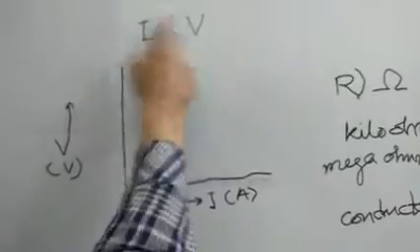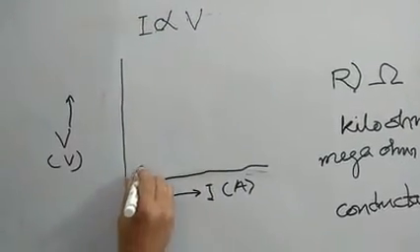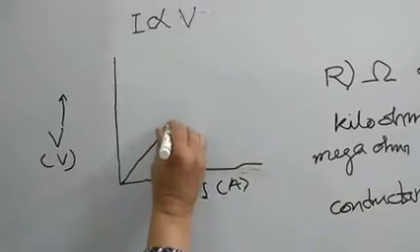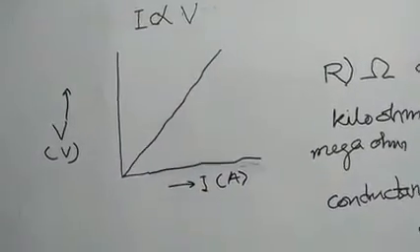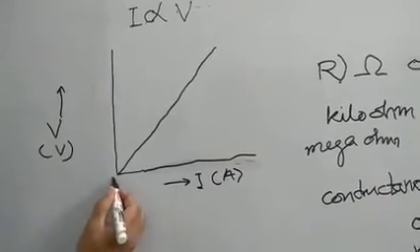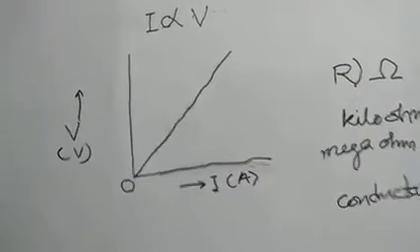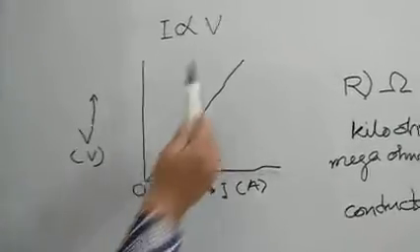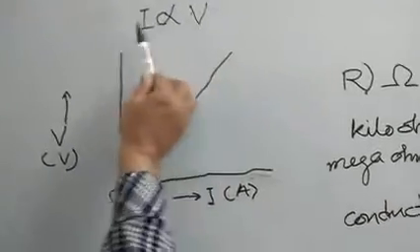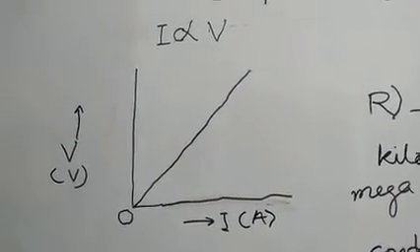If one is half, the other one is also half, and so on. That means what you are going to get is a straight line like this. A graph will be a straight line, and obviously passing through the origin. It has to pass through the origin, because when potential difference is zero, no current will flow.